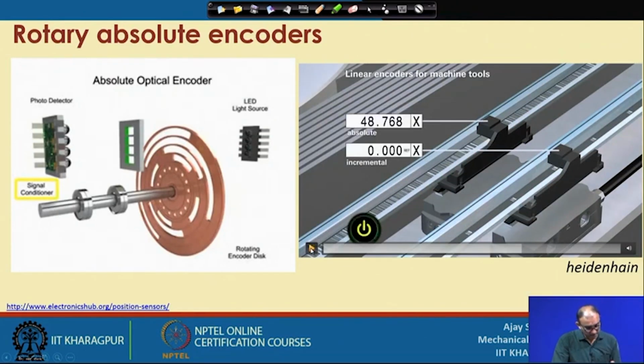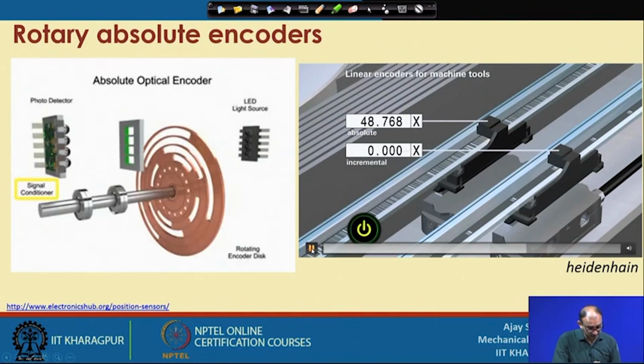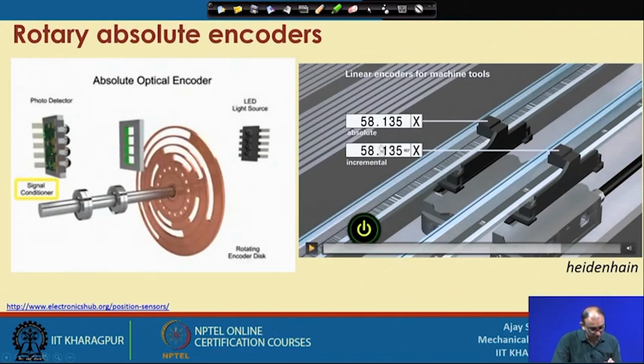After the power has come back, you can see the absolute encoder is still showing the same result, but the incremental encoder has not reached that location because it is finding the reference. If you continue with this operation, it will take some time. Now, see it is blinking, reference is blinking. So, now it has reached. Now both are not the same, because it has found the reference, but it will take some time to reach the original position, and then if you continue, now both are the same.